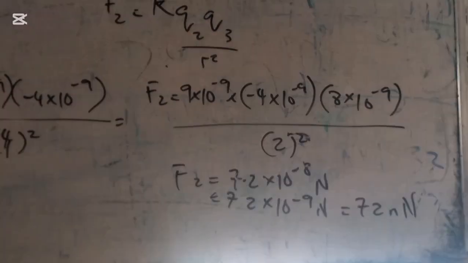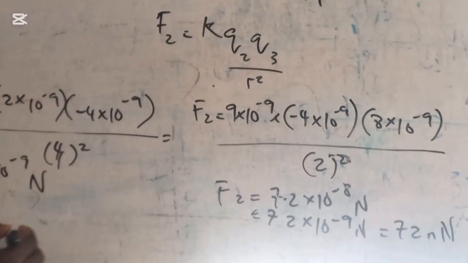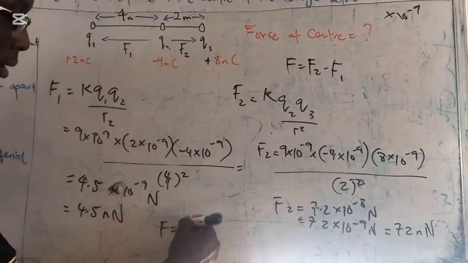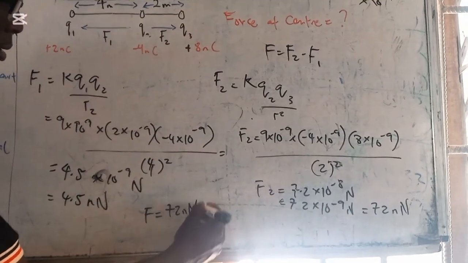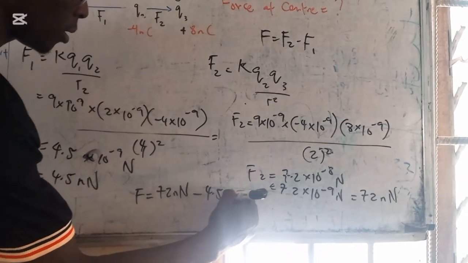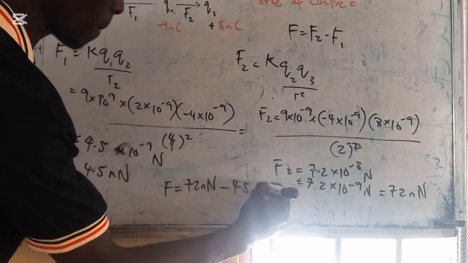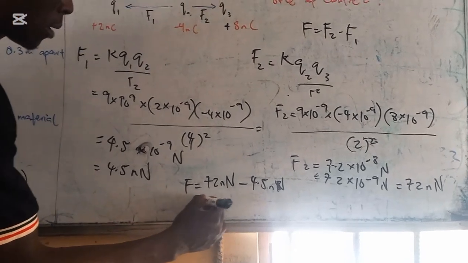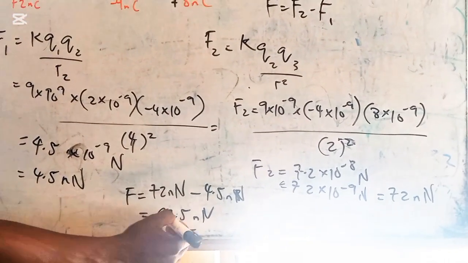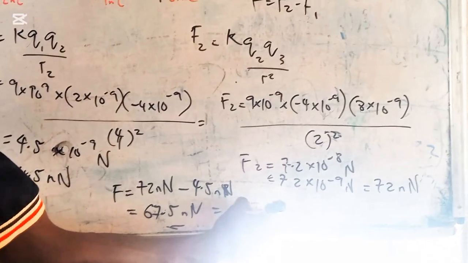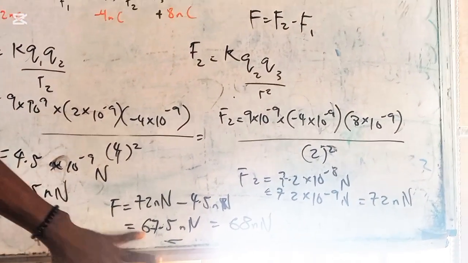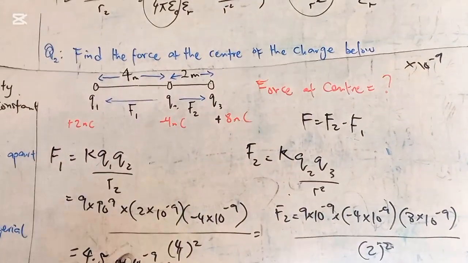So now that we have our F1 and F2, we have calculated our F. So F according to this side, F2 is 72 nanonewtons minus 4.5 nanonewtons. So now the answer is 67.5, approximately 68 nanonewtons. And that is the answer for the force at the center, which is our F.